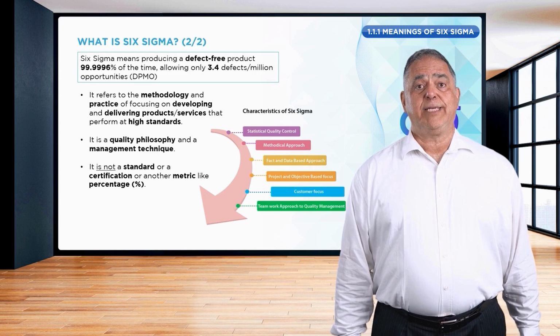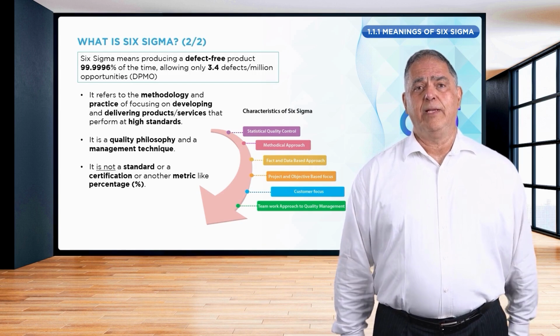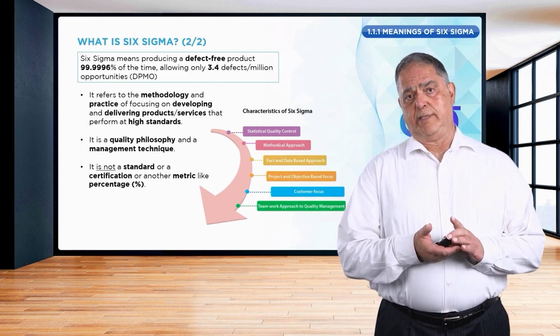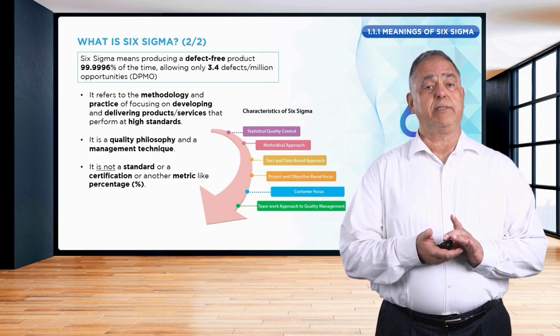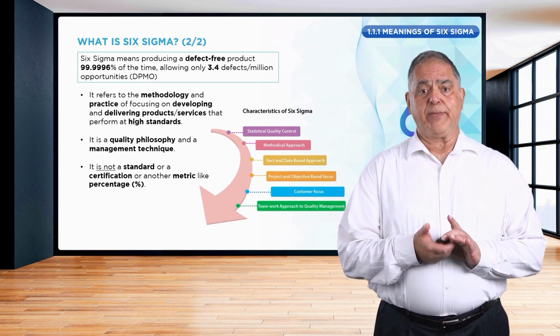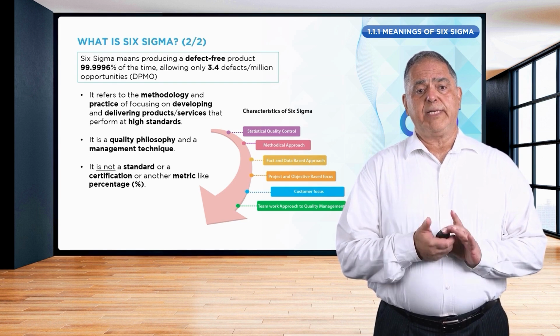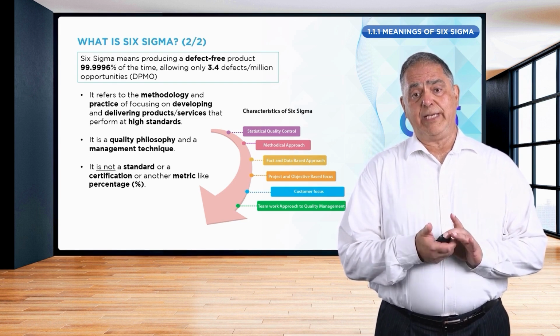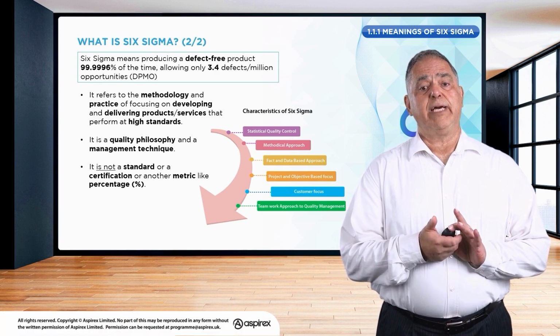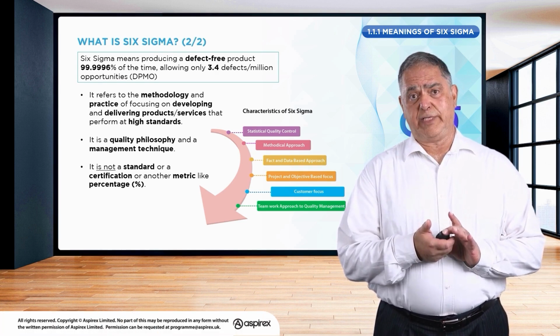What does Six Sigma mean? If we take a look at a product or a service and consistency, Six Sigma means producing a defect-free product 99.9996% of the time.